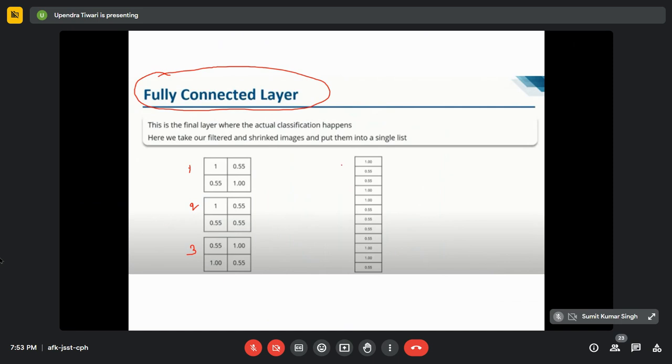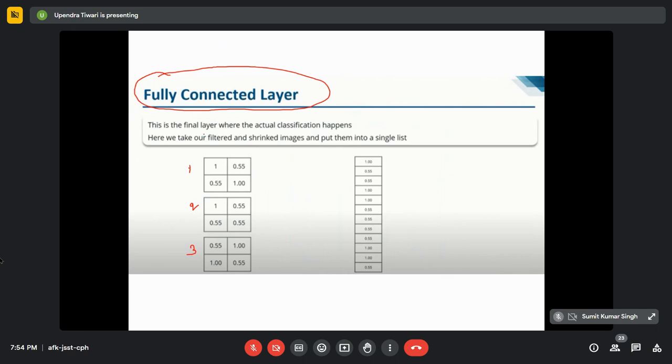We are flattening it because of the classification we are going to do at this layer. And this fully connected layer is what? It is actually your artificial neural network. So we have just stringed them here and represented them in 1 dimension.